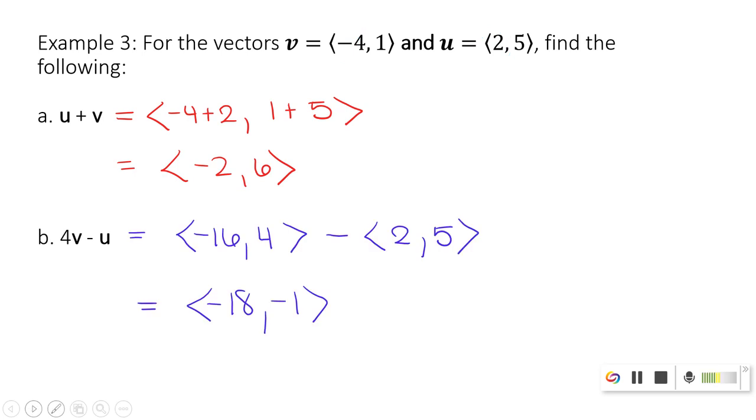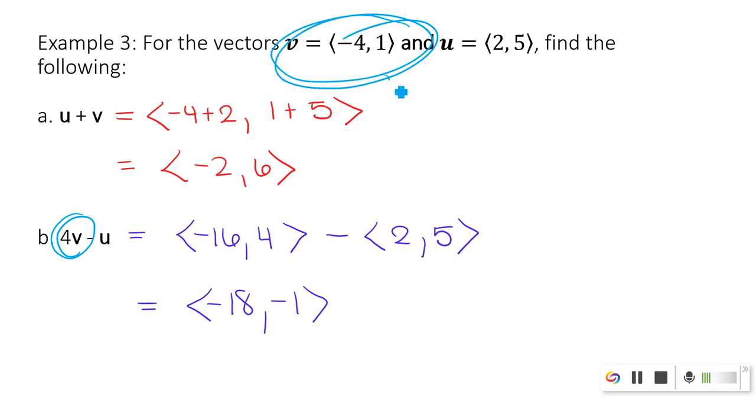For part B, 4v minus u, we are going to use our order of operations, so we're going to multiply before we subtract. So I started by finding 4v, and to find 4v, I took vector v right here and multiplied both of the components by 4.